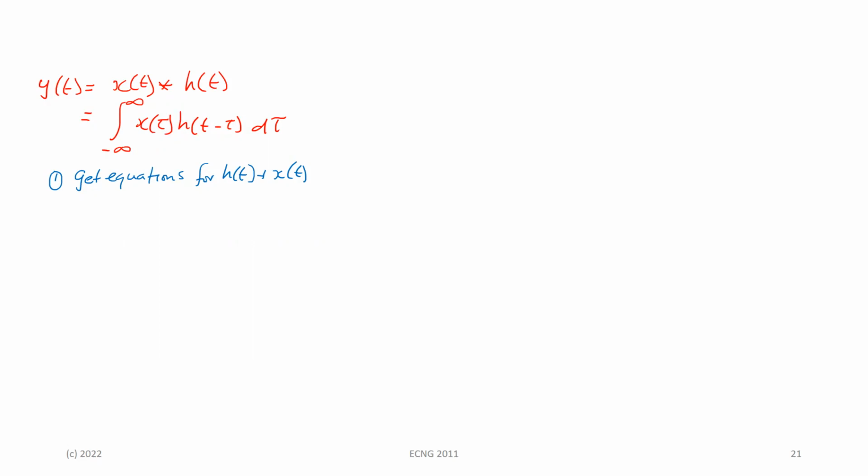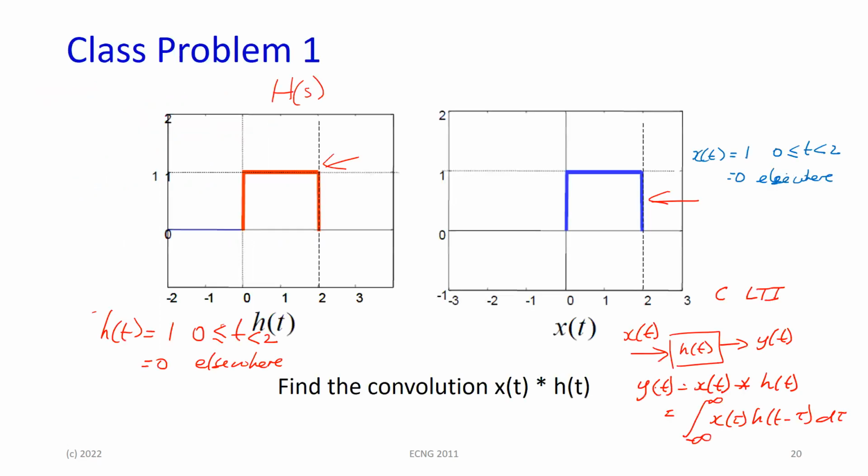And as we saw last week, h(tau) and x(tau) are the same thing. So if I were to change the variable here to tau and change this variable, it does not change the expressions, right?